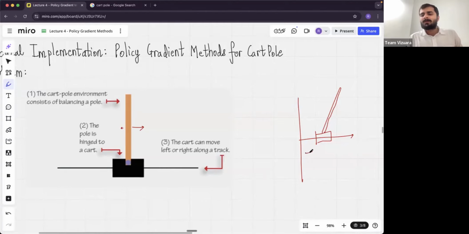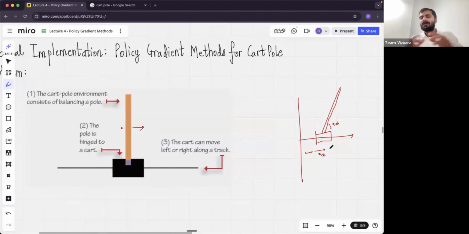The first two are x and x dot, and the third and fourth are theta and theta dot, which are the position and the linear velocity of the cart and the angle and the angular velocity of the pole. So these are the four observation or state values which I'm going to receive.